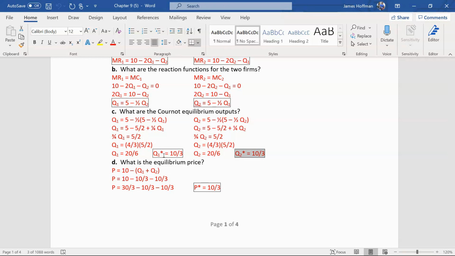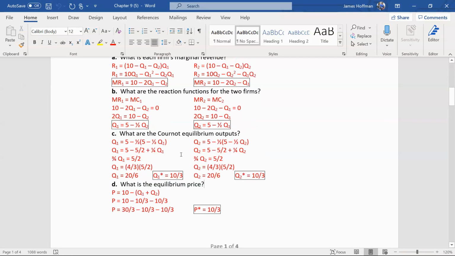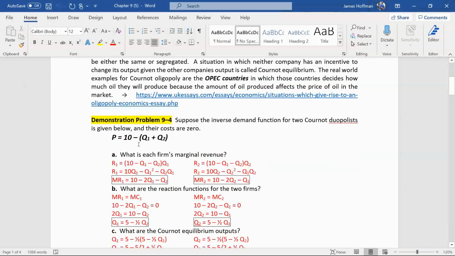The last part is easy here. What's the market price? Alright, all you have to do is plug in Q1 and Q2 into the demand function, and then find out what the price is.